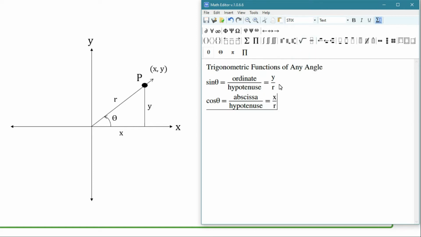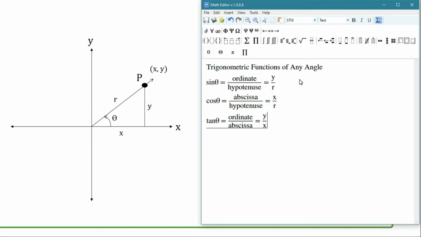Next we have the tangent function. We defined it as opposite over adjacent, so on our condition here, tangent theta is equivalent to the ordinate over the abscissa, or simply y over x.